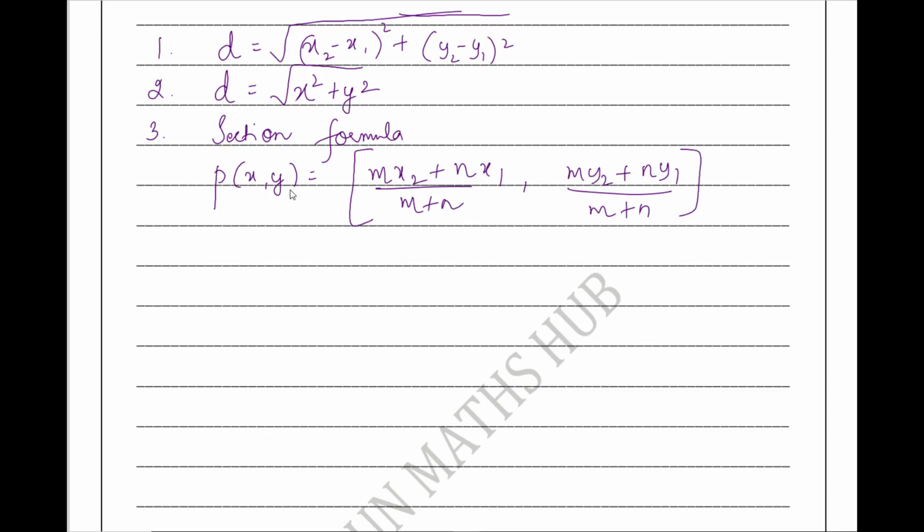Section formula, that is the division of a line segment by point p of x comma y in the ratio m is to n, is given by p of x comma y equals mx2 plus nx1 divided by m plus n, comma my2 plus ny1 divided by m plus n. And also the midpoint formula.